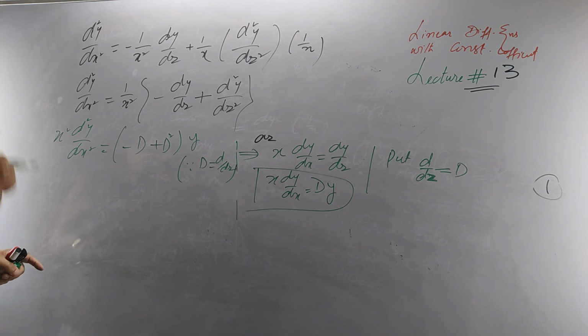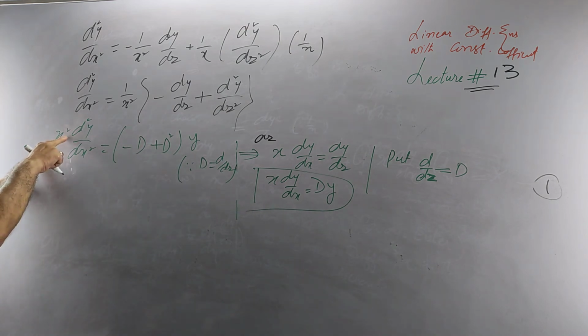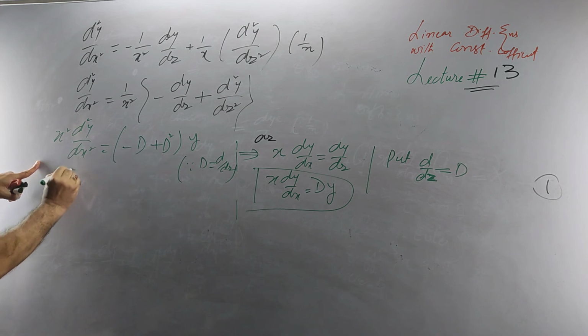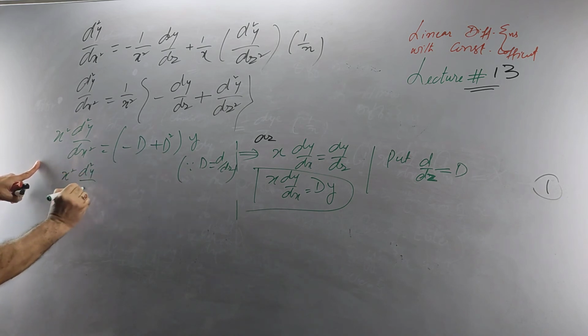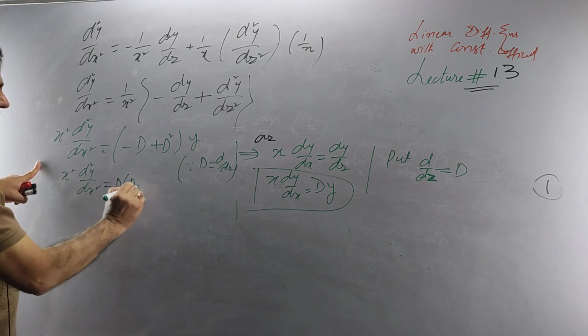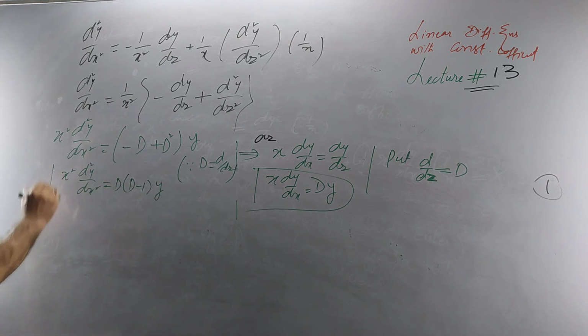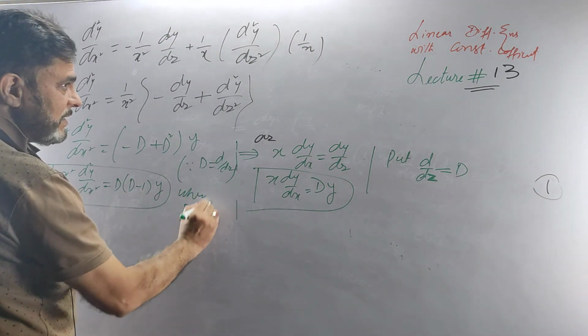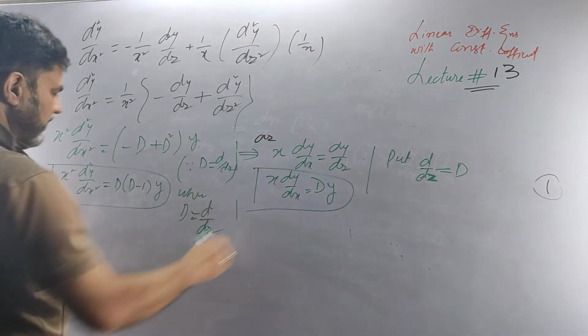So in the given equation I have the term x square d2y by dx square. I replace that by this. It is x square d2y by dx square equal to D into D minus 1 y, where your D is d by dz.